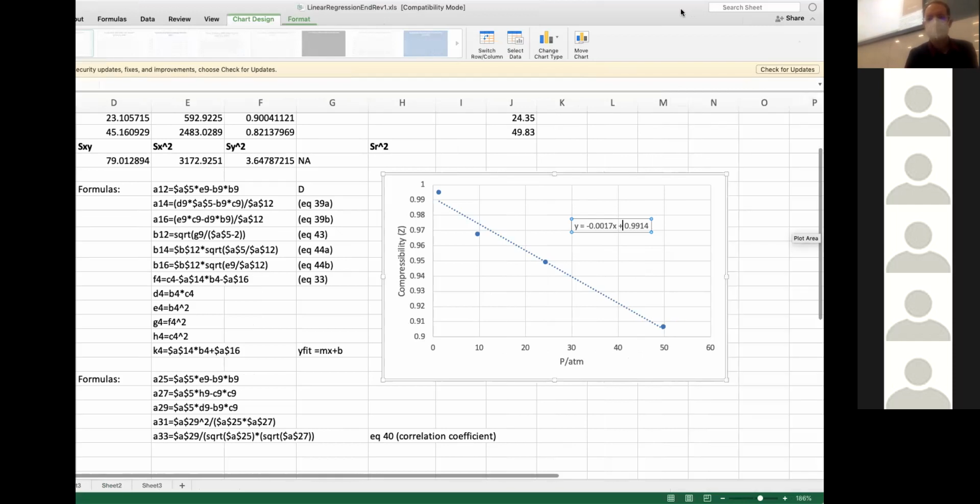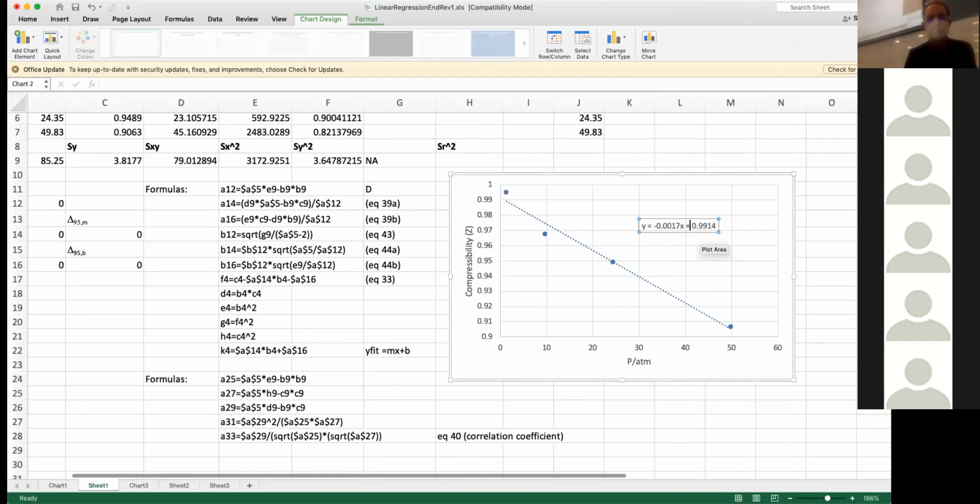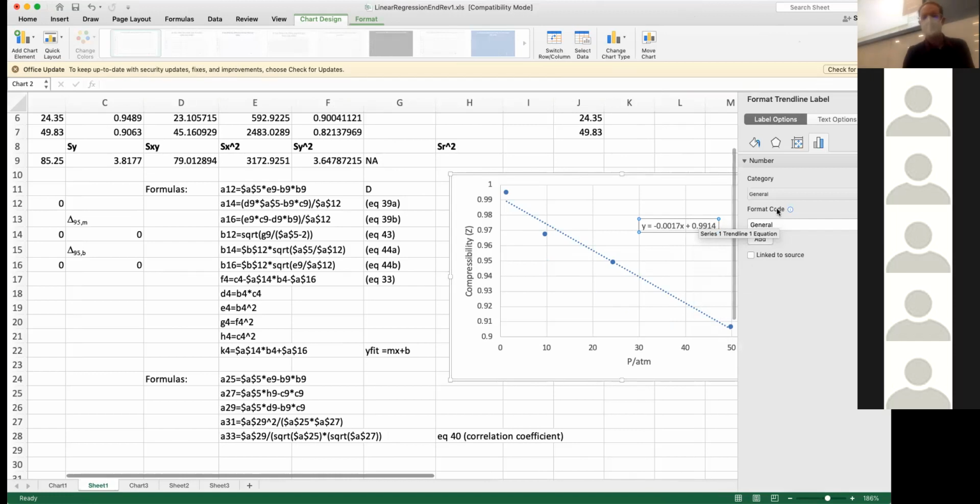Okay, so usually there's this problem that Excel doesn't like to display the proper number of significant figures. So if you want to display more digits, you're going to go to Format Trendline Label. I'm going to pick number, but you can pick different formats if you want.